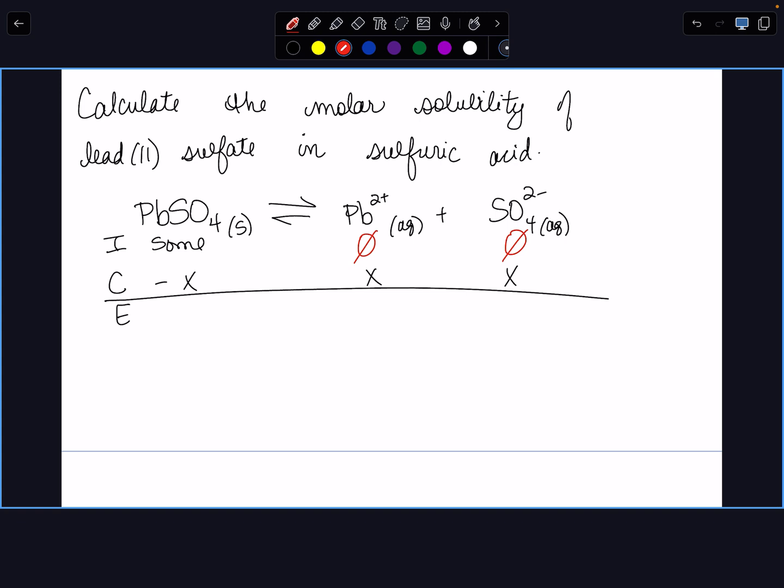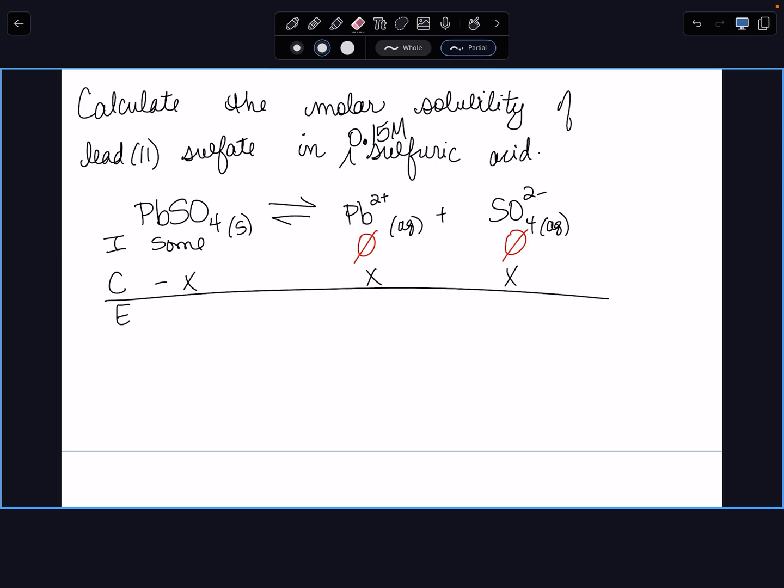So there is what is called a common ion. What's the common ion? The sulfate. And I just realized, when I tell you it's in sulfuric acid, I need to give you a concentration. What if I told you it's in 0.15 molar sulfuric acid?